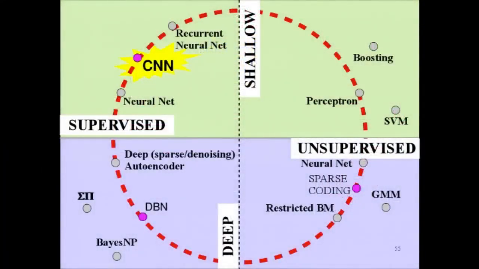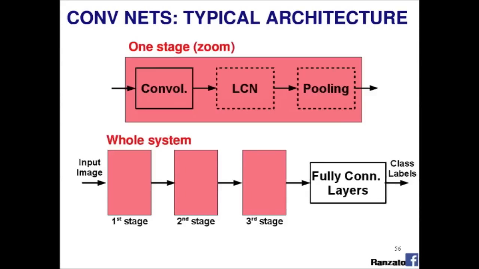So throughout the day, you will hear a lot about this. And I think other people will go more in the details about what this is, but I assume that you are familiar. So it's basically the composition of a few stages where each stage is composed by a filtering layer, a normalization layer, and a pooling layer.